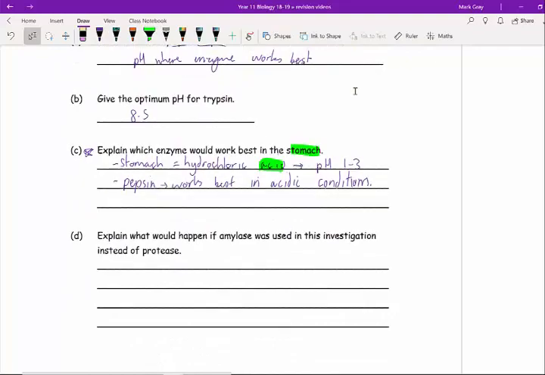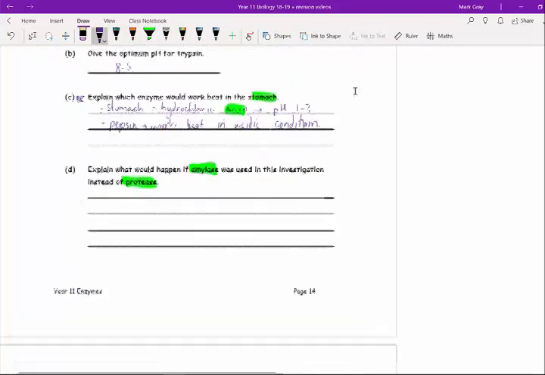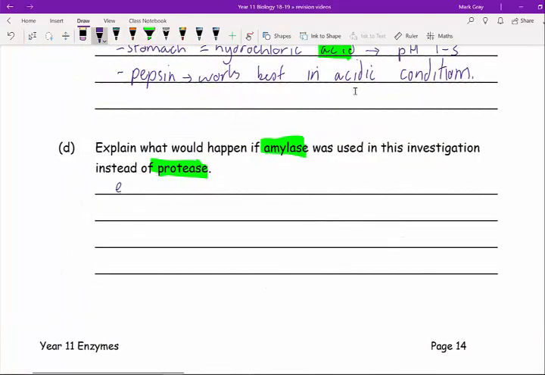Now, explain what would happen if amylase was used instead of protease. Well, this is just exactly what we've talked about: enzymes are substrate specific. That's because amylase breaks down starch, protease breaks down proteins.